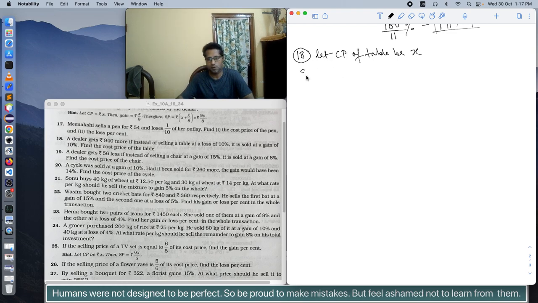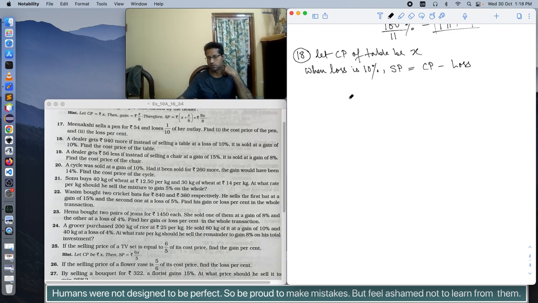So the selling price when the loss is 10% will be equal to cost price minus loss.